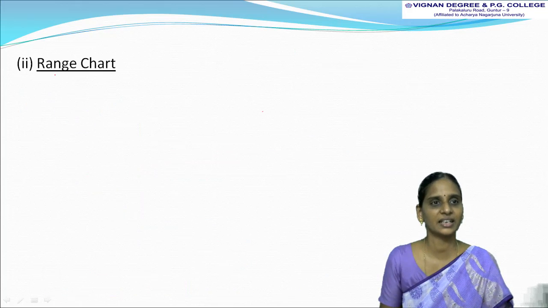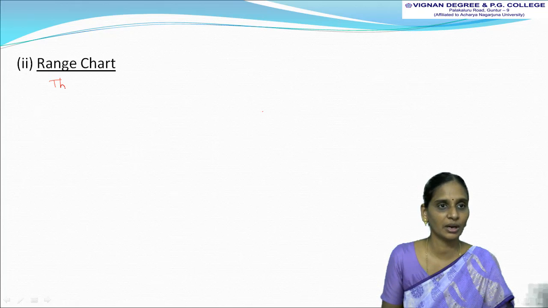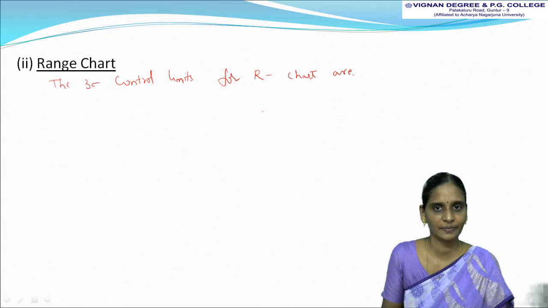Next chart is the range chart. In this first problem, now we have to set up the control limits for the range chart. So the 3 sigma control limits for the range chart, that is the R chart, are: the upper control limit is equal to D4 R bar. This is the formula for the upper control limit.